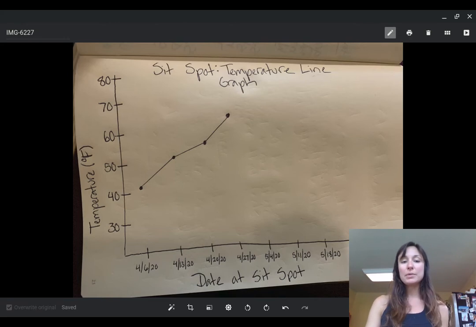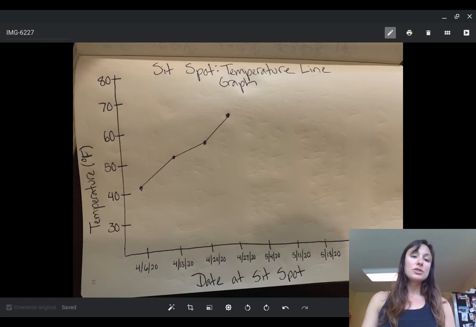So what I did is I went back and I looked at the average temperature in Truckee. That might be slightly different if you're in Reno or Incline, for the days that we visited our sit spot. On April 6, 2020, the temperature was about 42 degrees. So I did a dot right above 40, above that date.